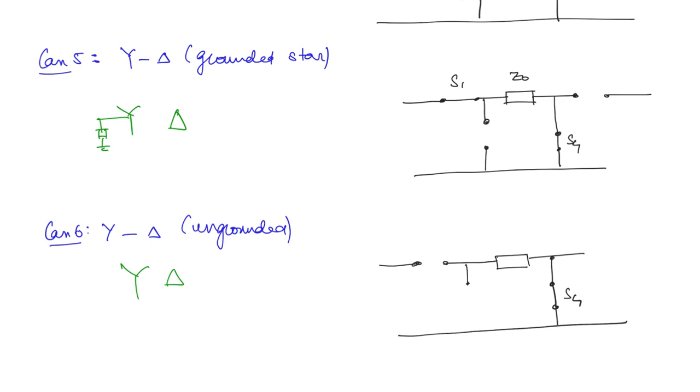Every other switch is open. So this is for the star and delta which is ungrounded. In this manner, using this switch circuit, four switches and the impedance, you can draw the zero sequence network for any configuration of the transformer.